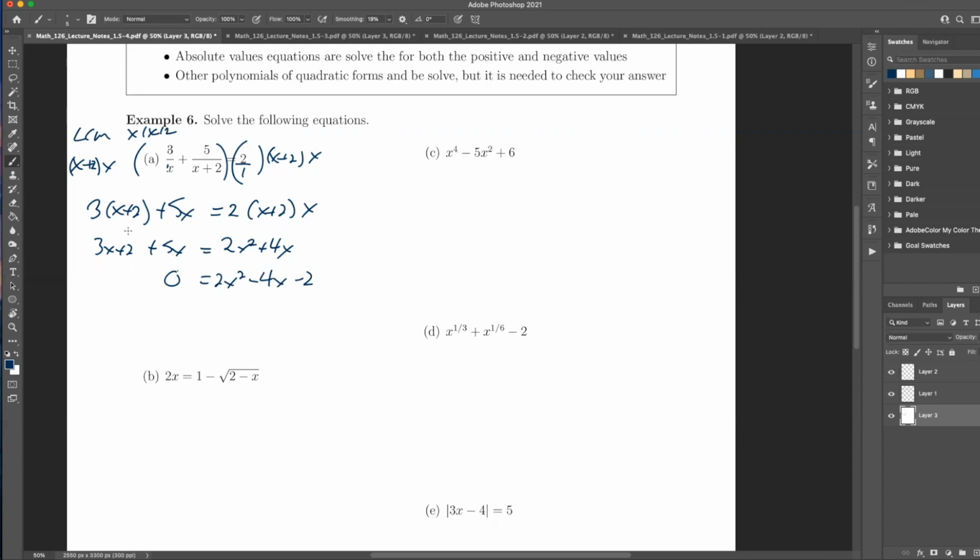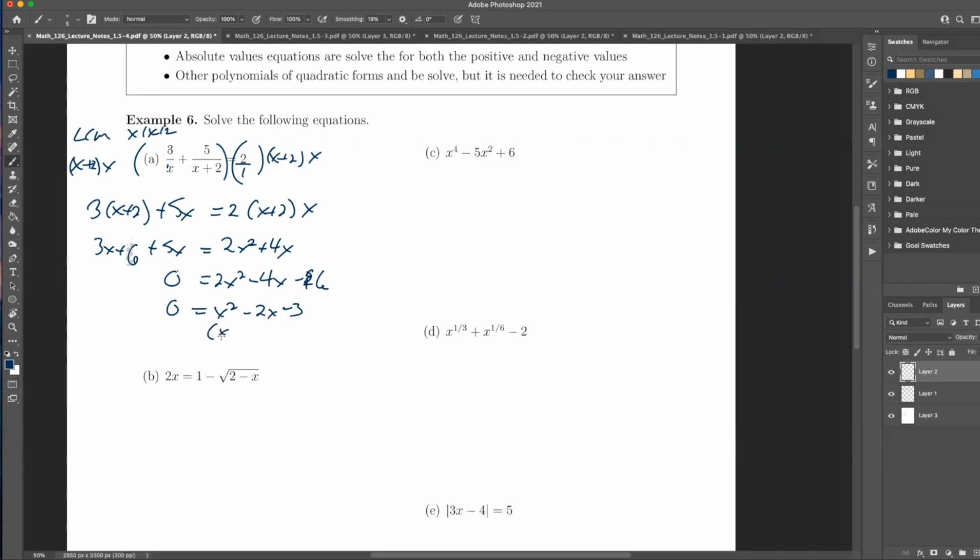Oops, that's not a 2, is it? This is a 6. So we'll move over the 6. Okay, and then here we have a 2 everywhere, so I can just throw away the 2. If you have a common factor, you can just throw it away, because basically if I divide both sides by 2, I will get what I desire.